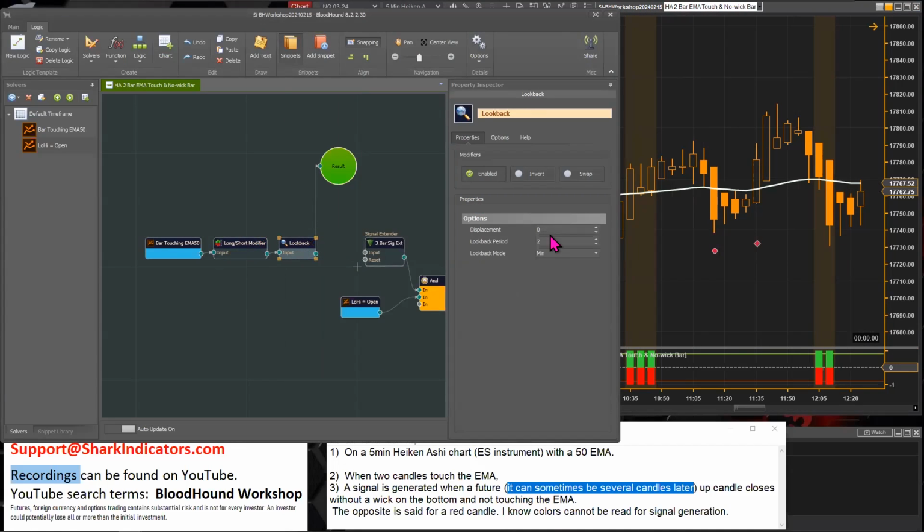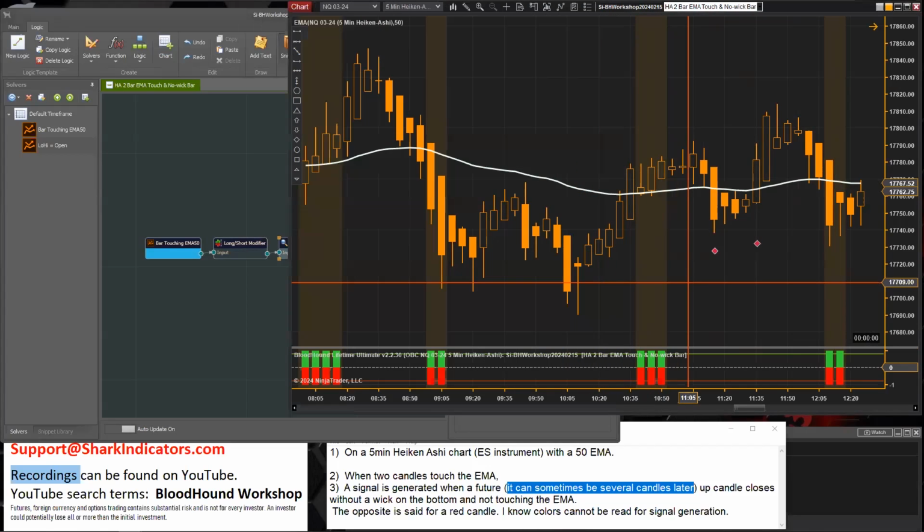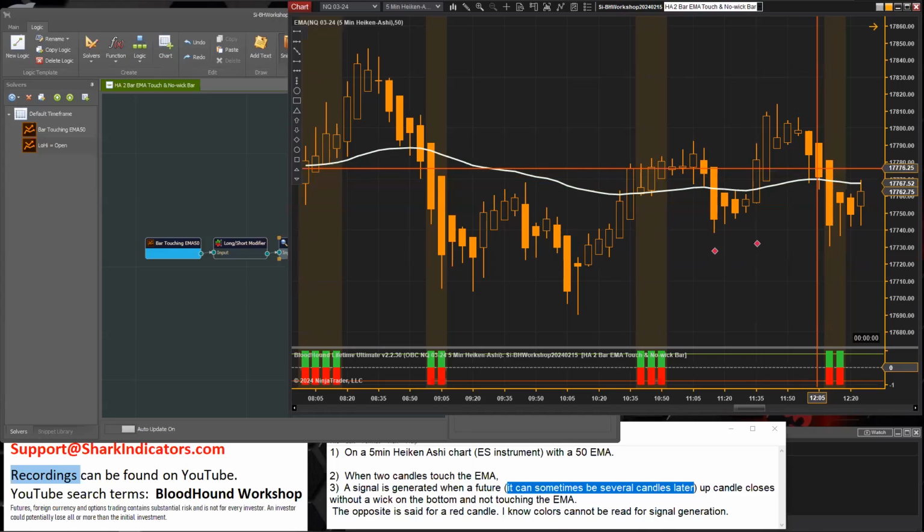All right. And let's see here. Now we're going to use the displacement. The next thing I need to figure out is, if we have 3 bars touching, the third bar still has a signal on it. We need to get this signal off of this bar that's touching, because look, this is a no-wick bar, so we don't want the signal here. We want the signal, oh, actually, you know what?